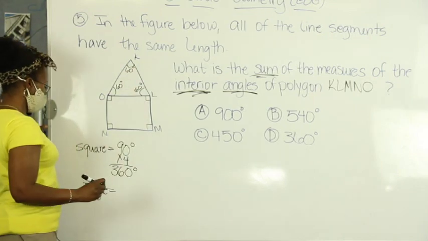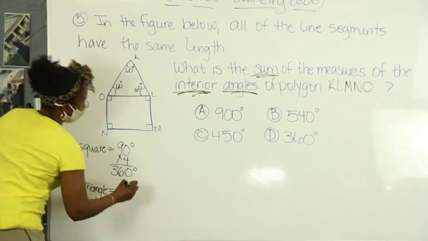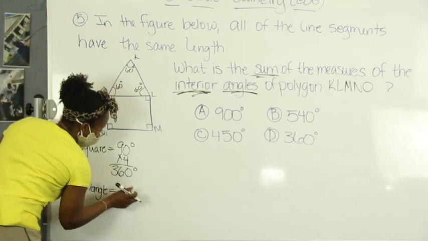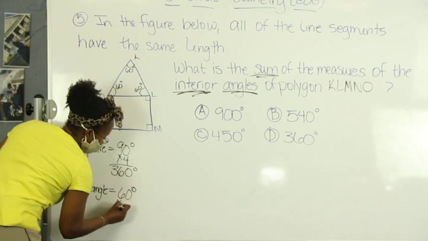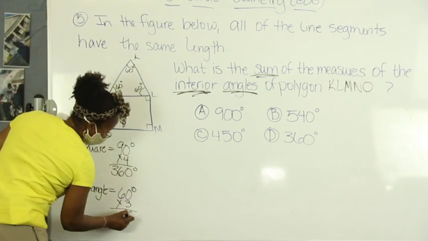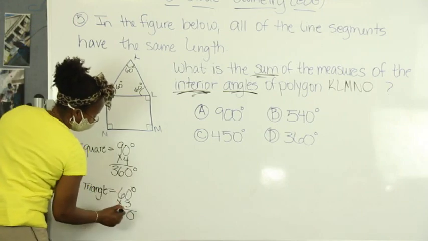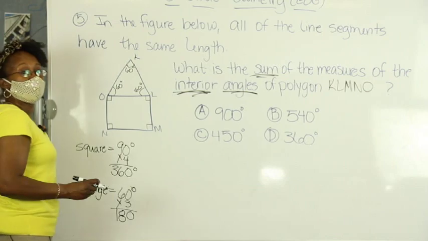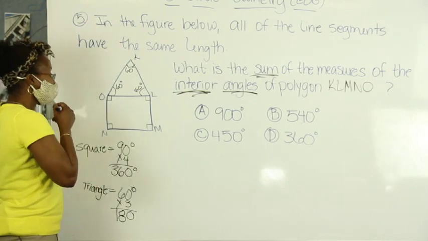So if we know that, we are going to do 60 degrees times 3. 0 times 3 is 0, and 6 times 3 is 18, so 180, which makes sense. The triangle should come up to 180 degrees.